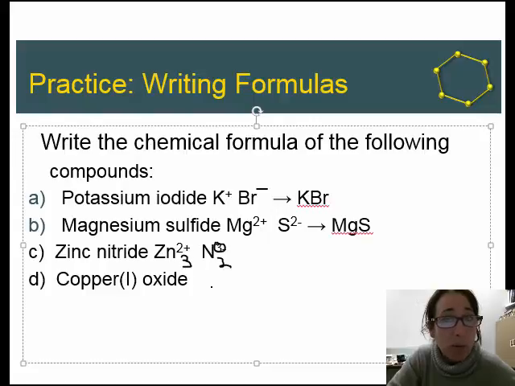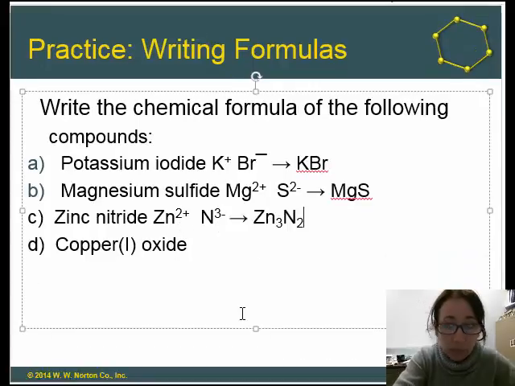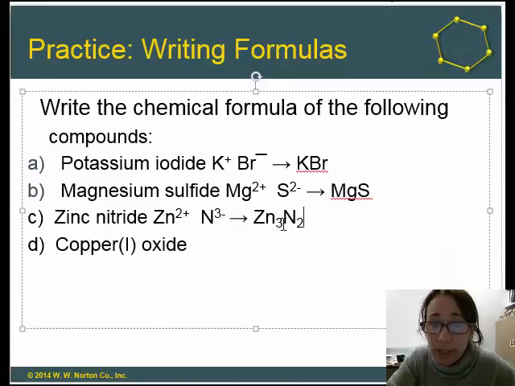And so the least common multiple between 3 and 2 is 3 times 2, or 2 times 3. So our formula is going to be Zn3N2. So if I have 3 zincs, total charge of +6, 2 nitrides, total charge of -6, this is the formula of zinc nitride.